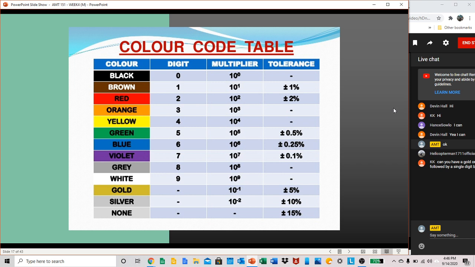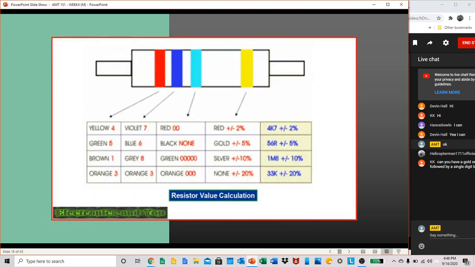Okay. So this is a diagram, kind of an example of a resistor value calculation. And we will go through this. I have another example and I think a video. This diagram is showing you different resistor color band values that you could have.